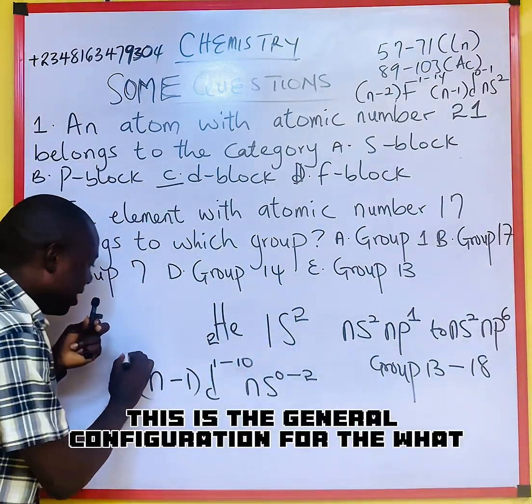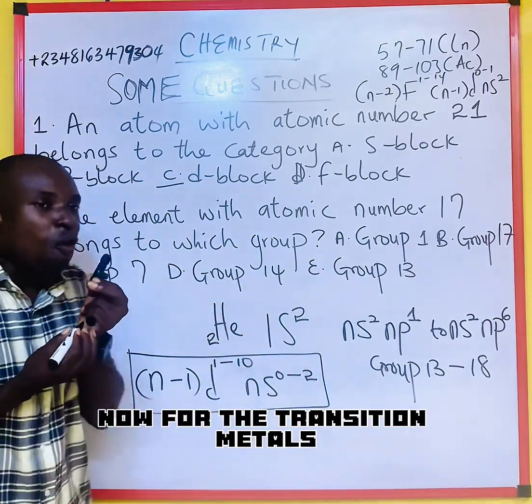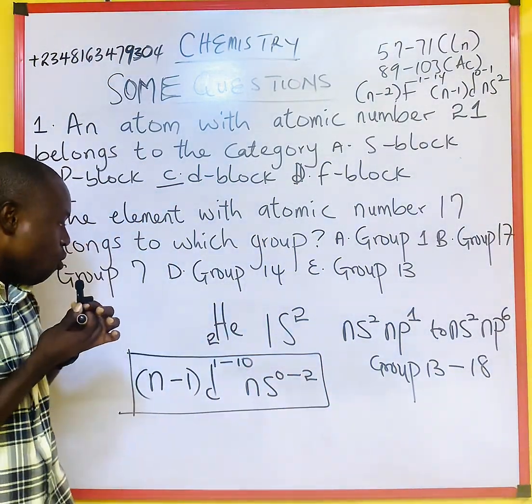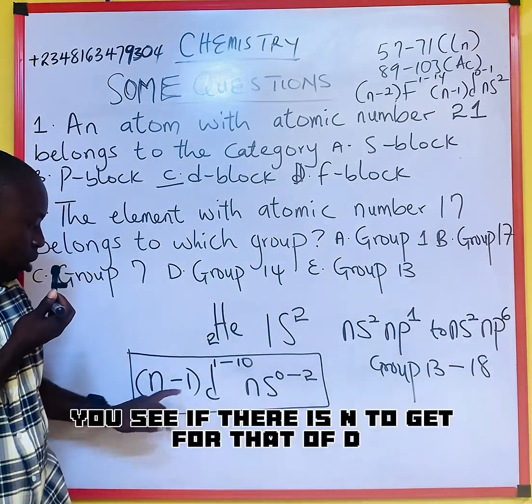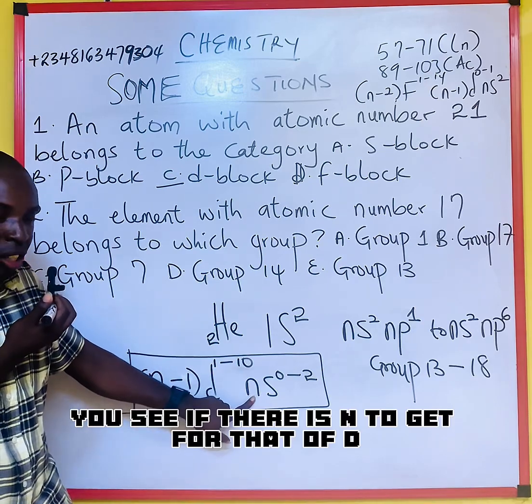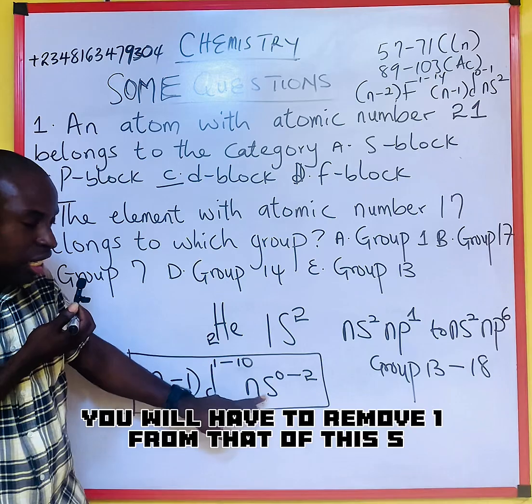This is the general configuration for the transition metals, whereby their electrons fall under the d orbital. You see, if here is n, to get that of d, you will have to remove 1 from that of this s orbital, which is n-1.